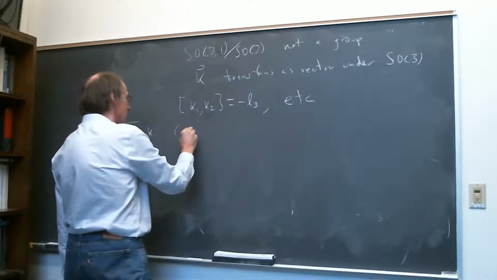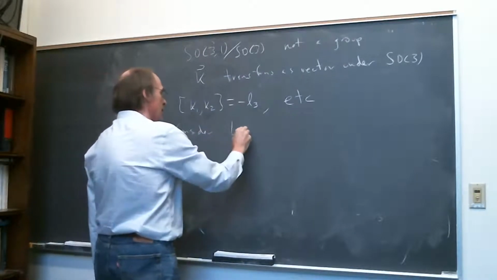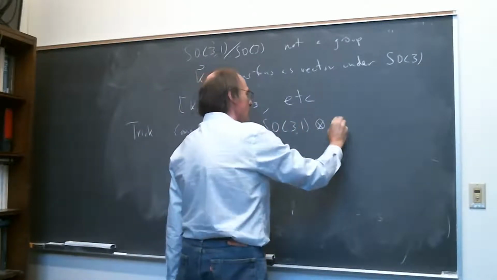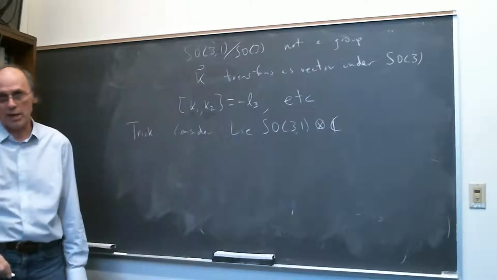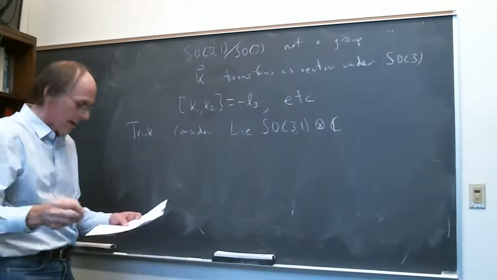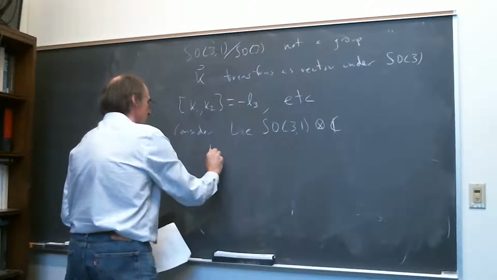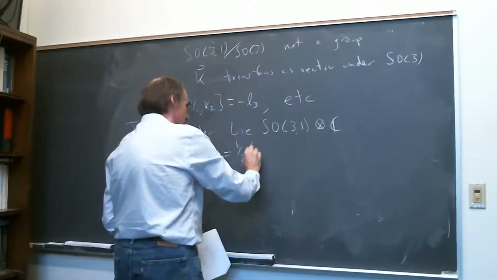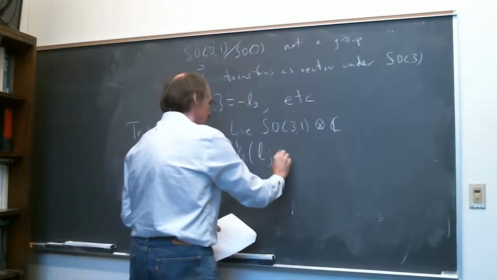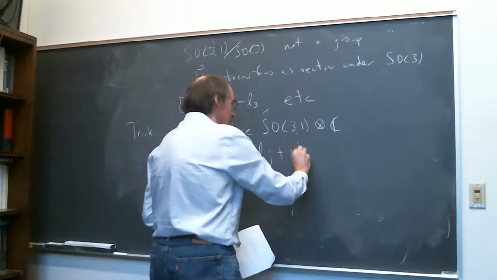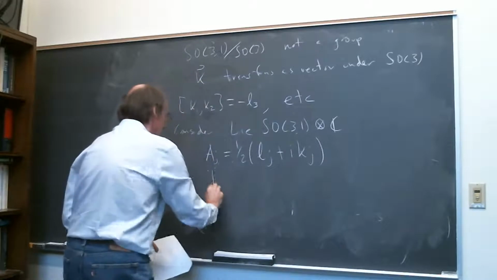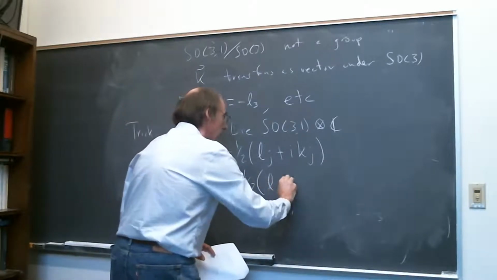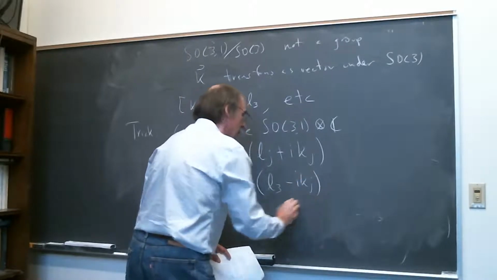So you consider the Lie algebra of SO(3,1) and start throwing in complex linear combinations. Define A_J equal to a half (L_J plus iK_J), and B_J equal to a half (L_J minus iK_J).